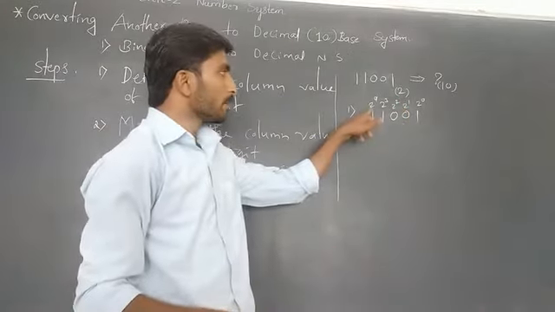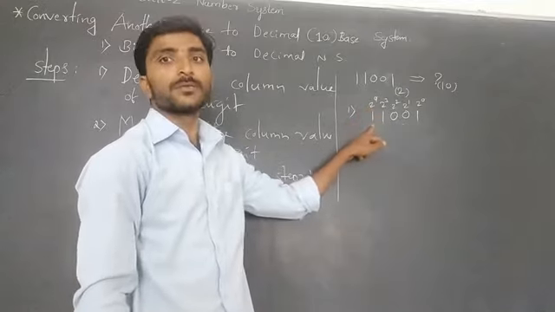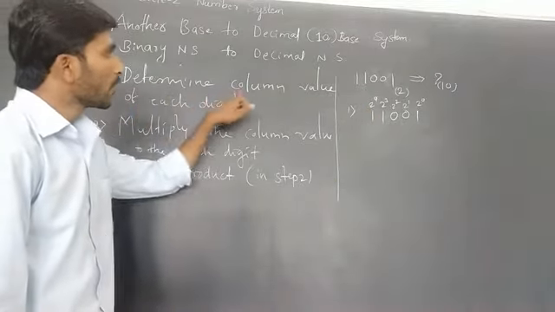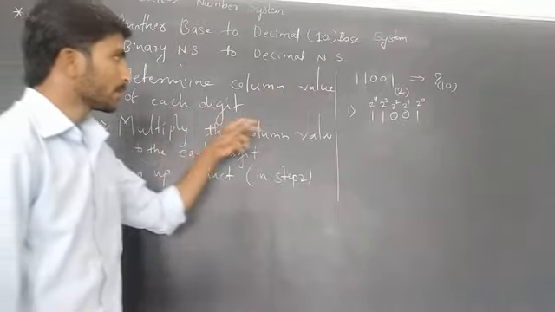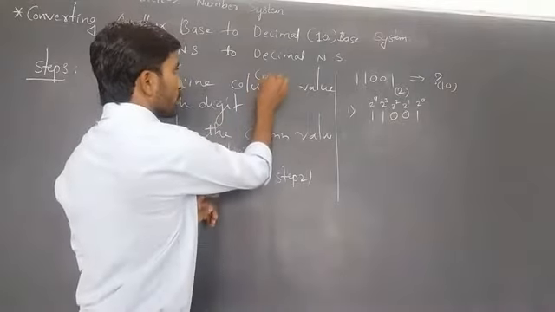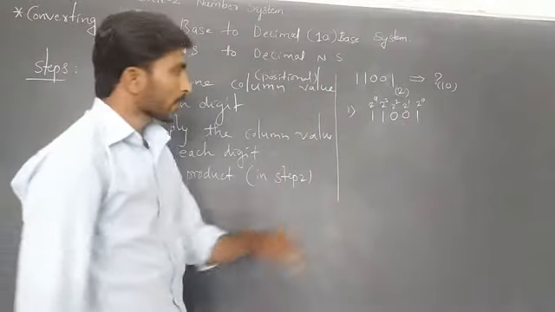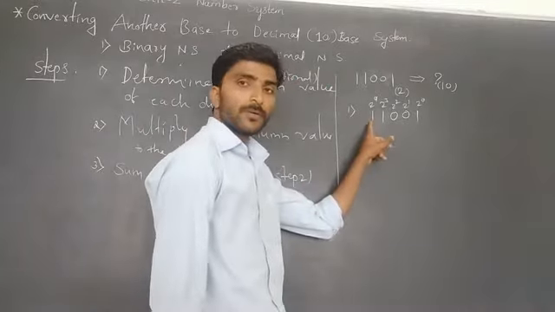Those are the positional values, that is, the column values of each digit. So this is how to determine the positional value.